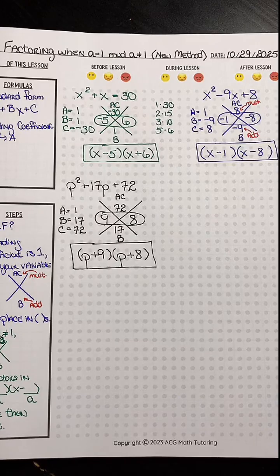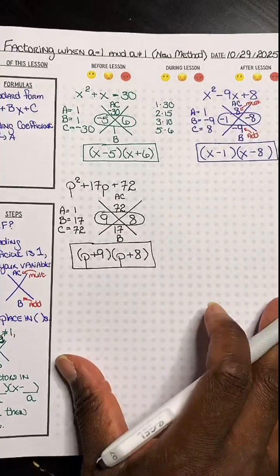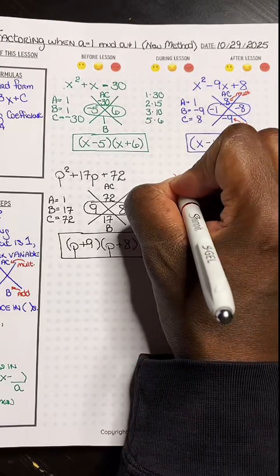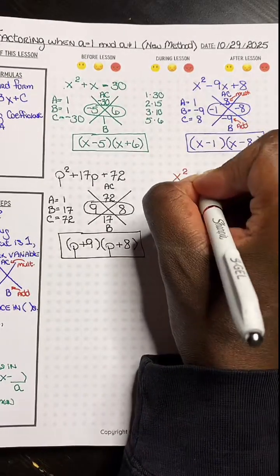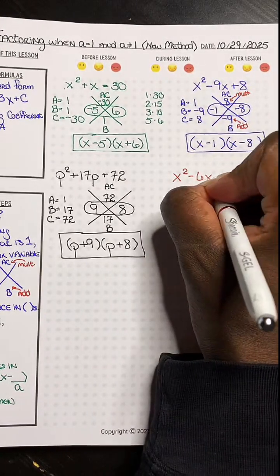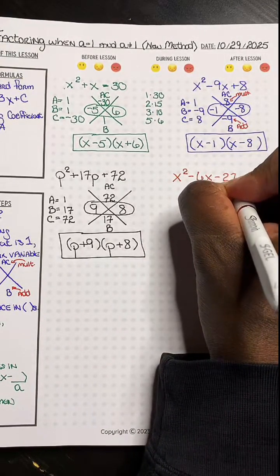All right, one more, and then we're going to step it up. So let's try this one. And I'll even put it in red. So if we have x squared minus 6x minus 27.